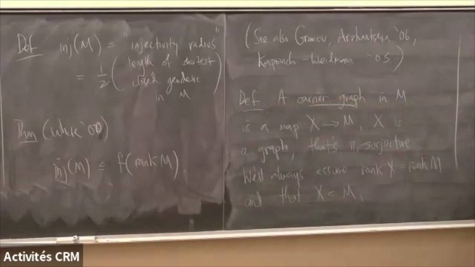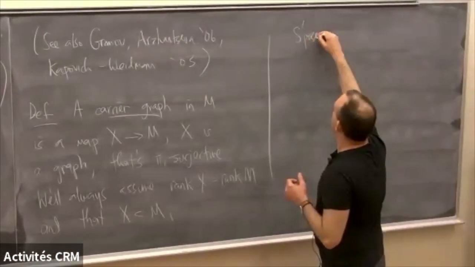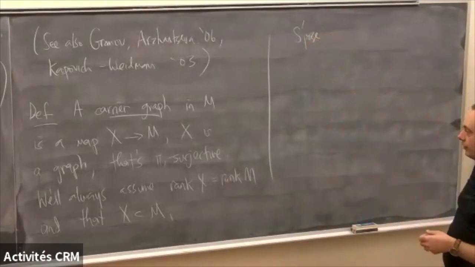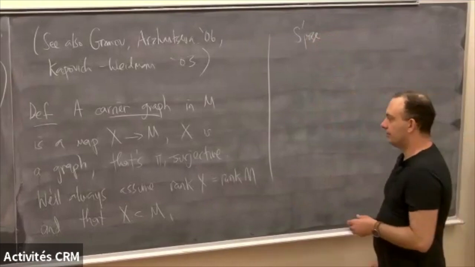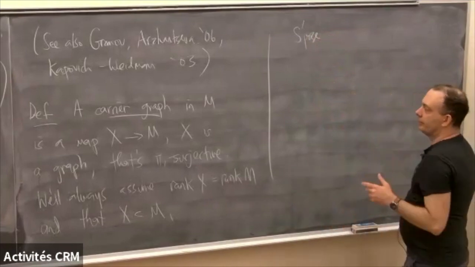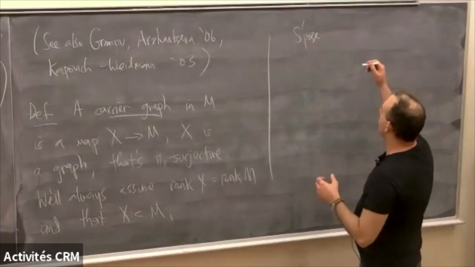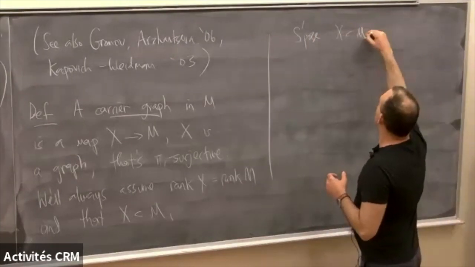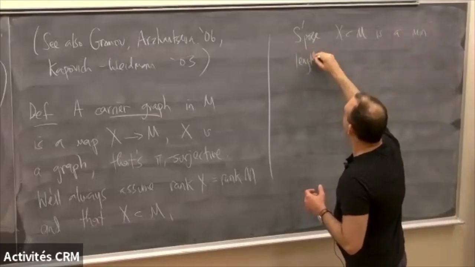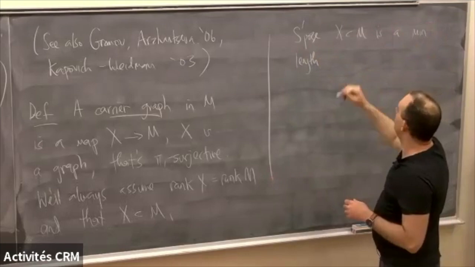Whenever I have a closed hyperbolic 3 manifold, I can always find a carrier graph, and I can always then take one that's minimal length. So let's suppose that X in M is a carrier graph that's minimal length among all carrier graphs.